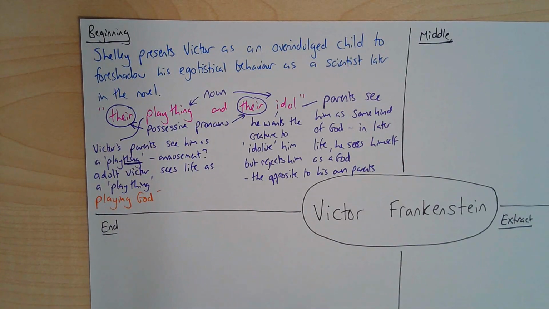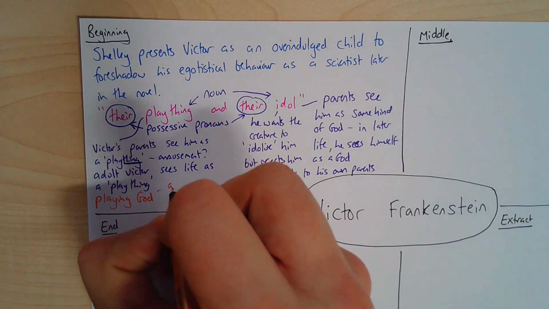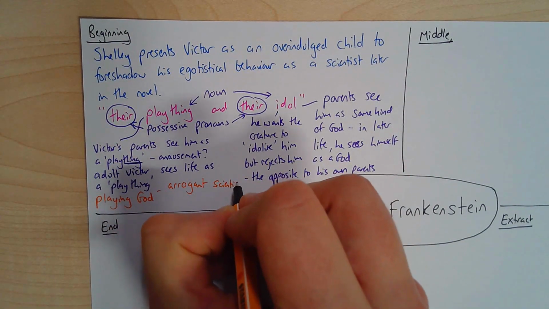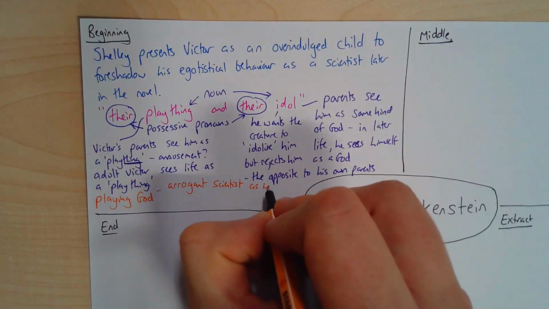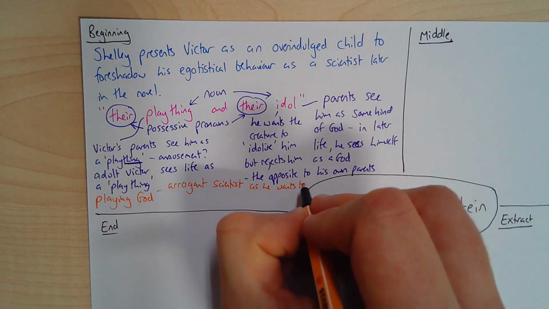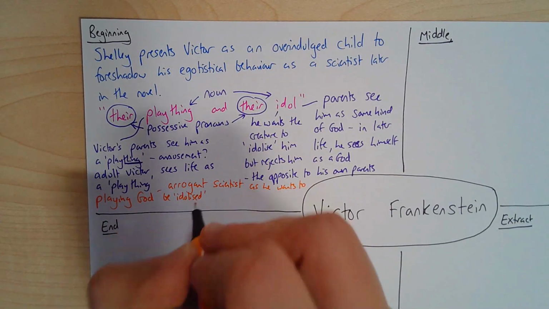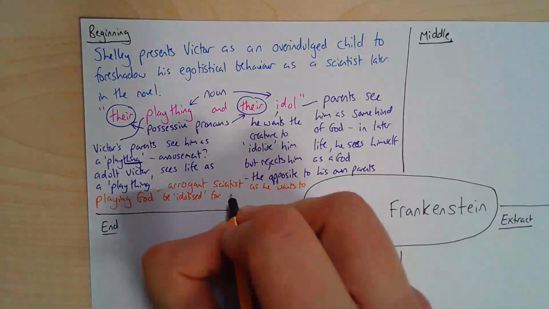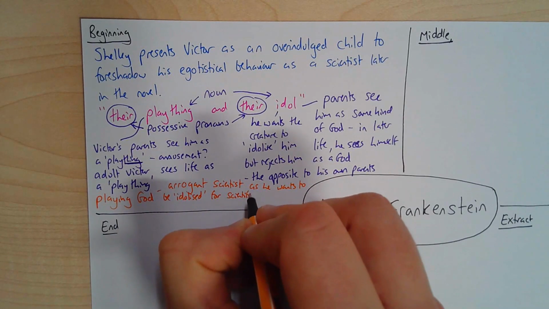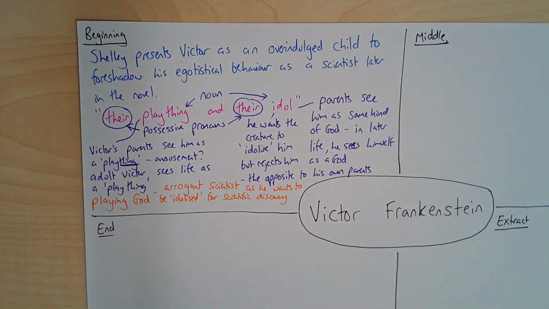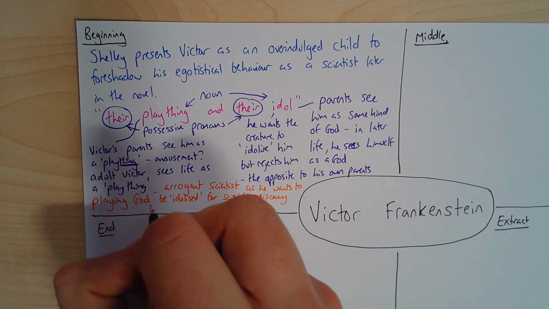He is an arrogant, egotistical scientist, as he wants to be idolized for scientific discovery, but he doesn't accept any of the consequences.